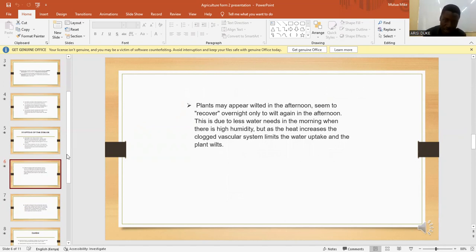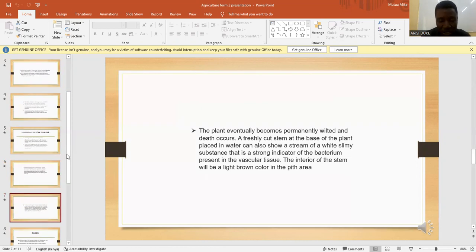But as the heat increases, the vascular system limits the uptake of water and the transportation of manufactured food from the leaves to the other parts of the plant, and eventually this becomes permanent. If it becomes permanent, meaning there's no transportation of these materials from one point to another, the plant will eventually die.